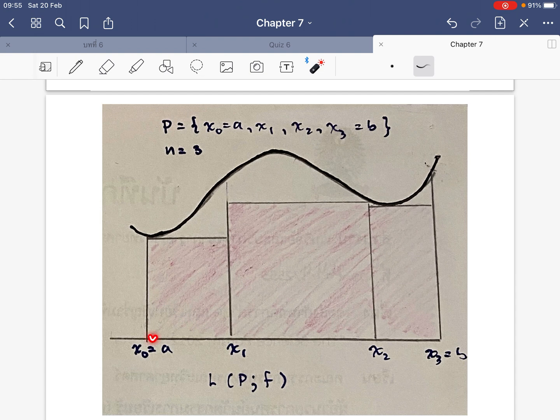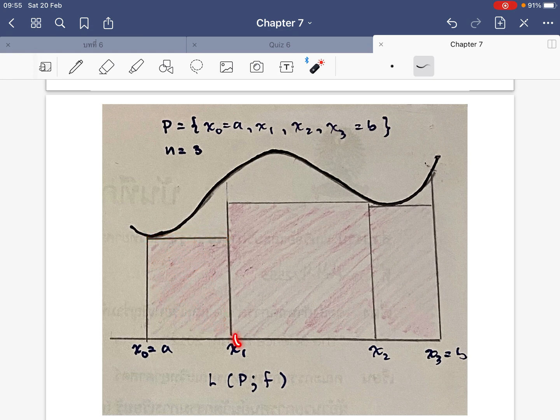For this subinterval, if you are going to find a lower sum, you are going to find the infimum over this subinterval, which is right here, and then you draw a horizontal line like this, and then find the area of this strip.